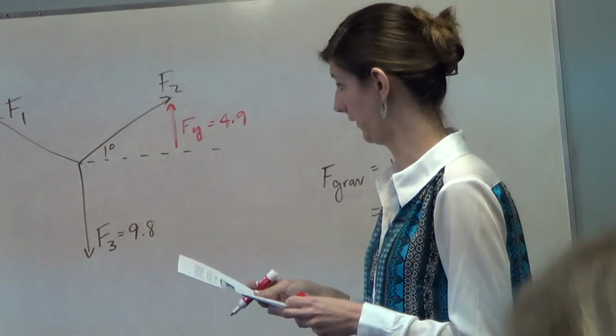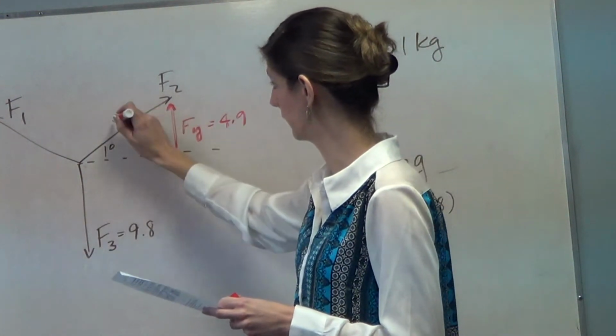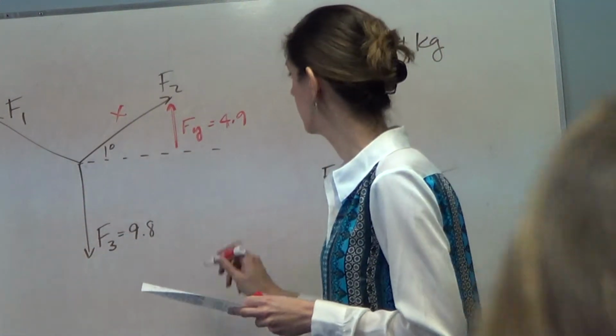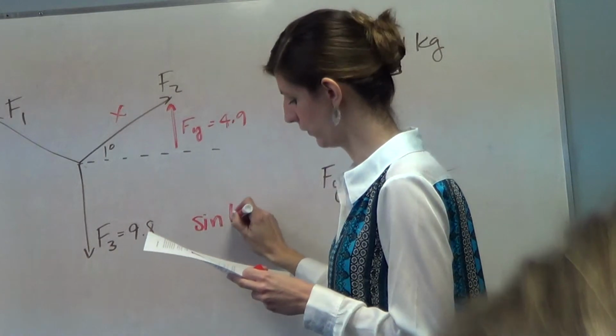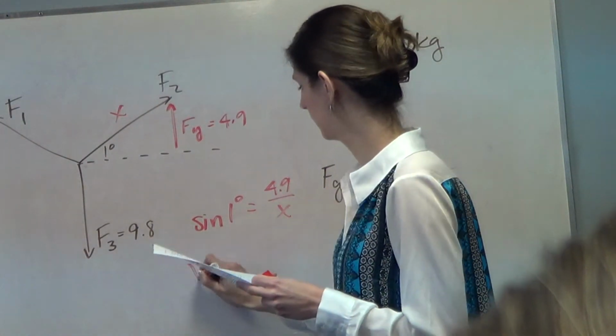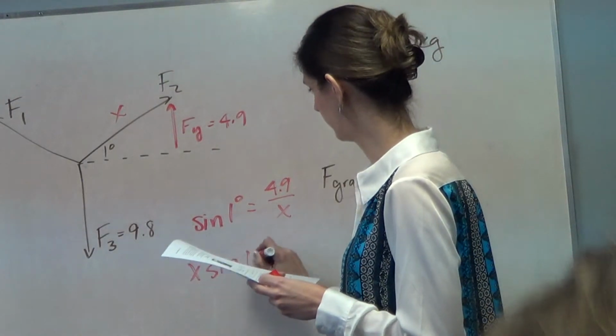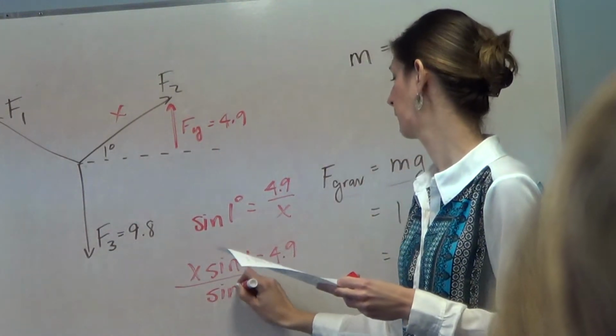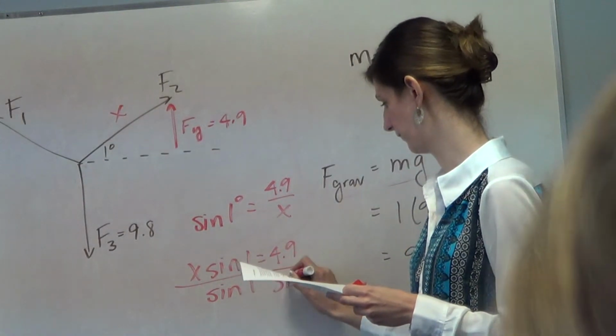And so then to find the tension force, we'll call this X, it would be the sine of 1 equals 4.9 over X. So X times sine of 1 equals 4.9. So it's 4.9 divided by the sine of 1.